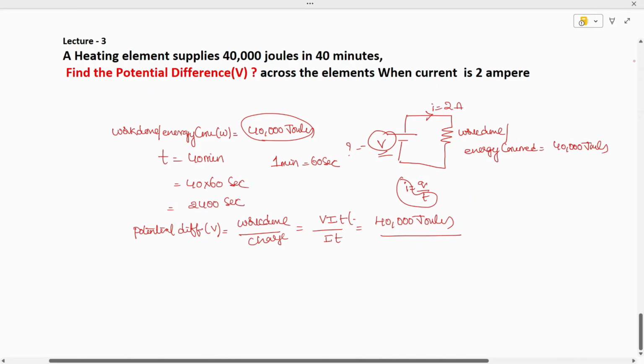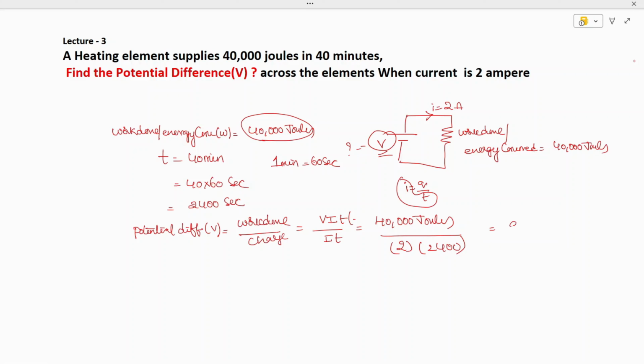What is the value of I? The value is 2 amperes multiplied with the time of 2400 seconds. When you perform it, you get the voltage as 8.3 volts. So the potential difference required to make a current of 2 amperes flow is 8.3 volts.